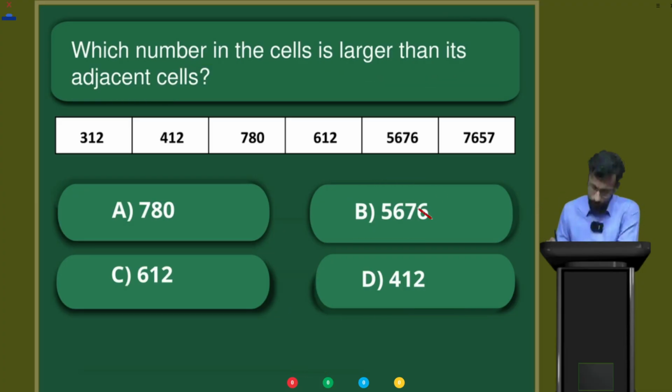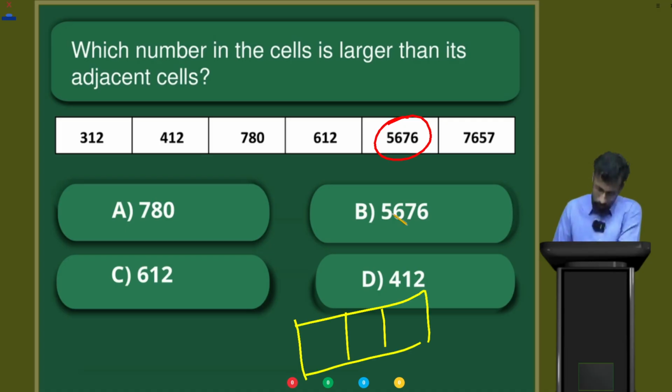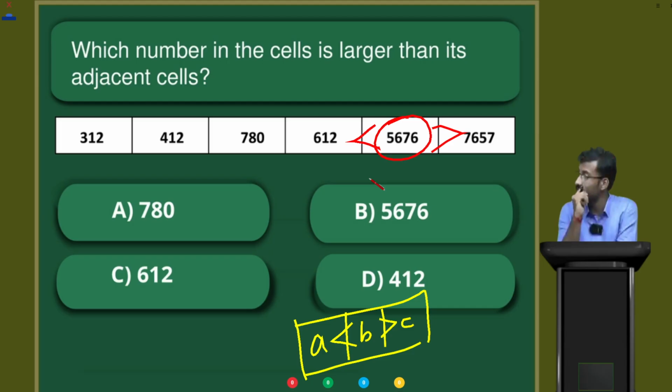5676, firstly that number. Our concept is A, B, and C. That number is greater than 612, it's fine. But is 5676 greater than 7657?